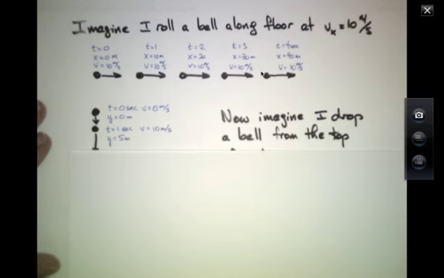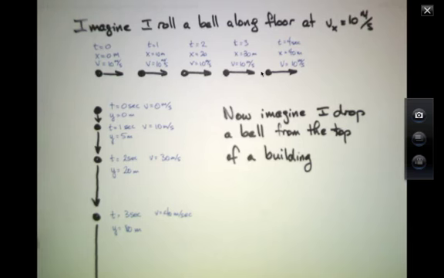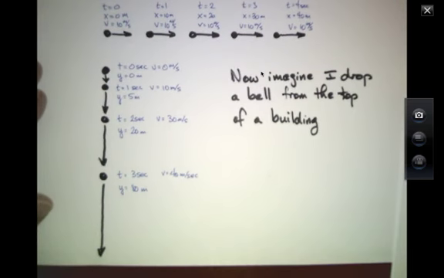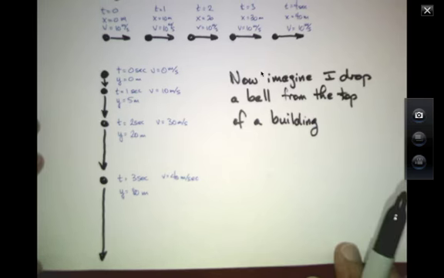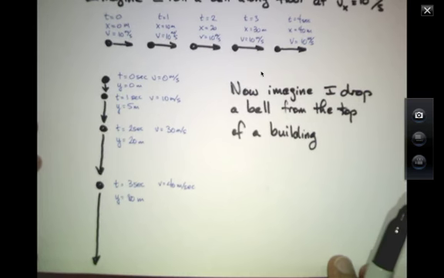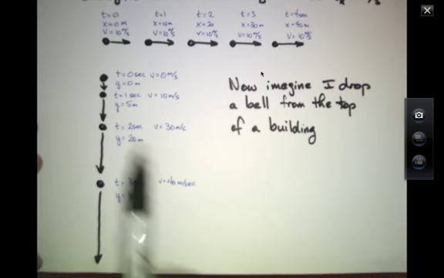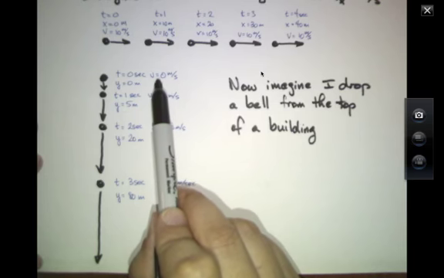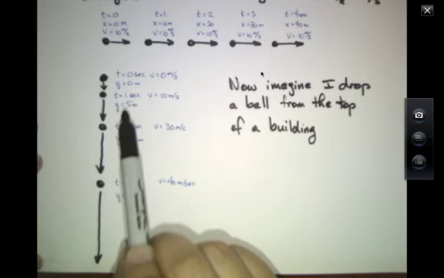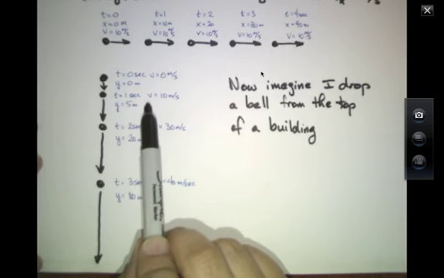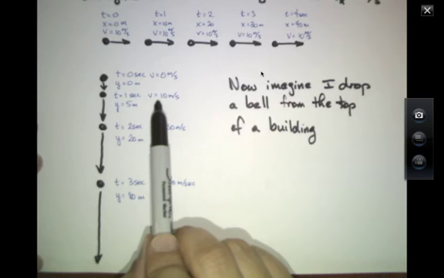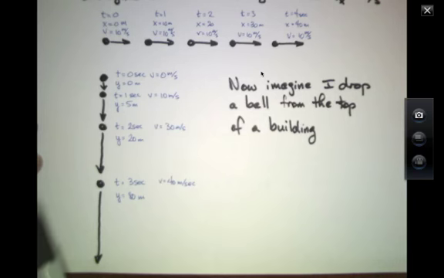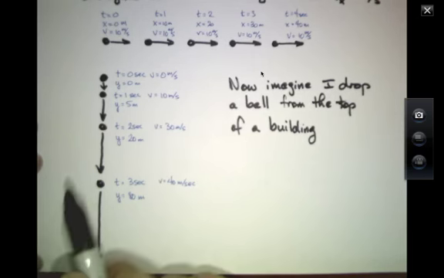Let's suppose we dropped a ball from the top of a building. Since little g is approximately 10 meters per second squared, then at 0 seconds I might be at 0 speed because I've just dropped it and I've advanced 0 meters. But at 1 second, my equations of motion, where the velocity grows linearly with time by the acceleration, now say that the velocity will be 10 meters per second.